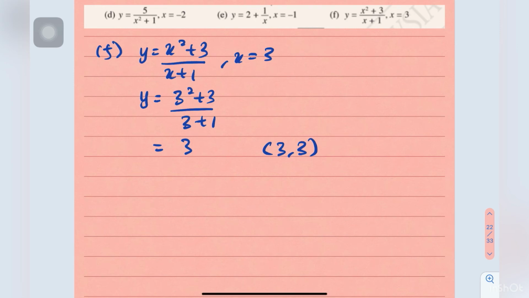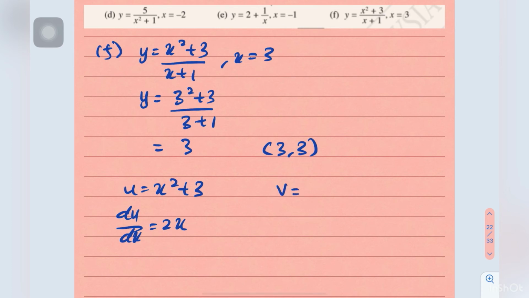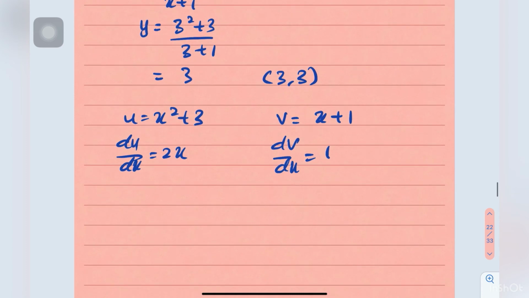Find gradient of tangent first. This one we have to use quotient rule. So u is x squared plus 3, du dx is 2x. v is x plus 1, dv dx equals 1.